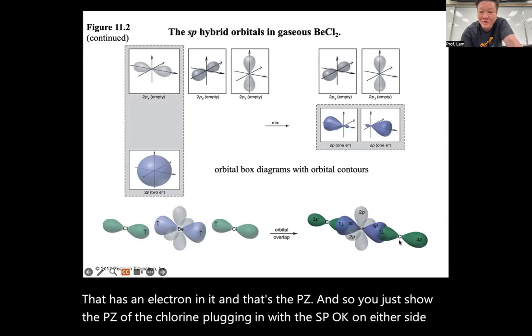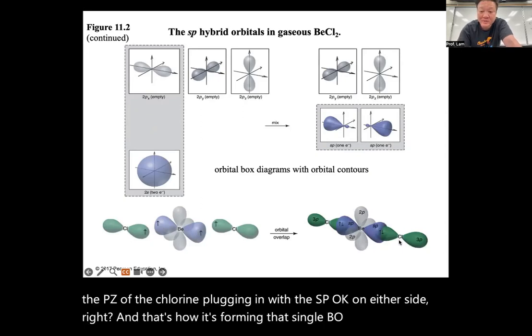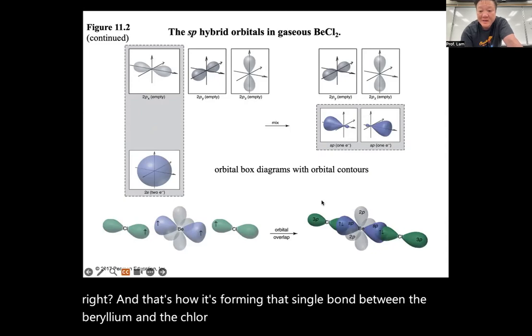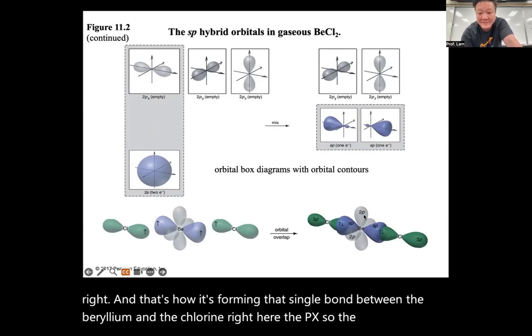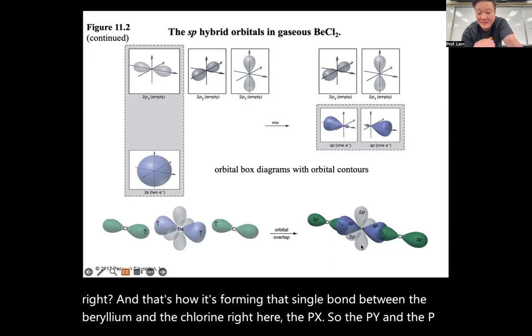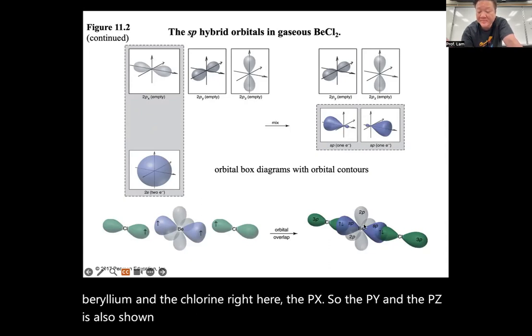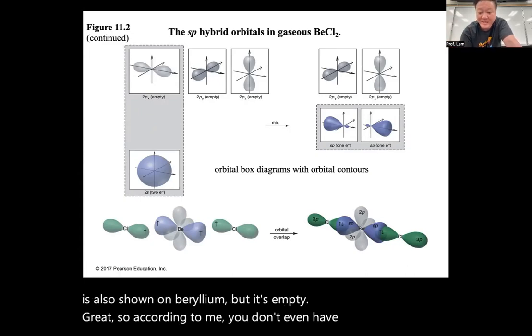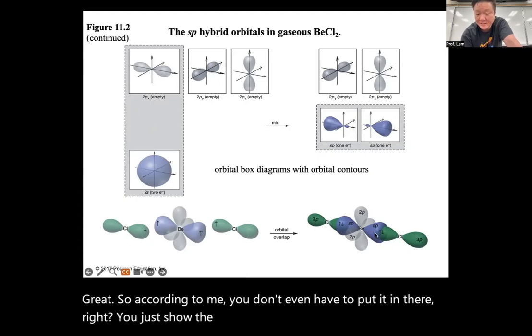And that's how it's forming that single bond between the beryllium and the chlorine. The px, py and pz are also on beryllium, but they're empty. So according to me, you don't even have to put them in there. You just show the ones that are making the bond.